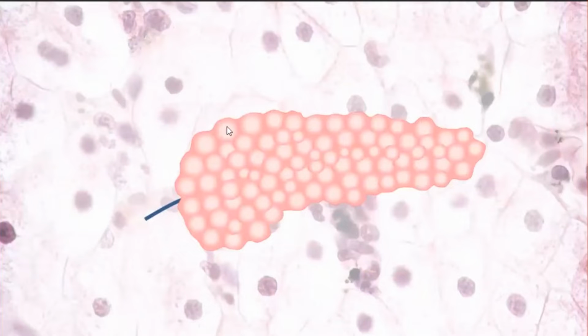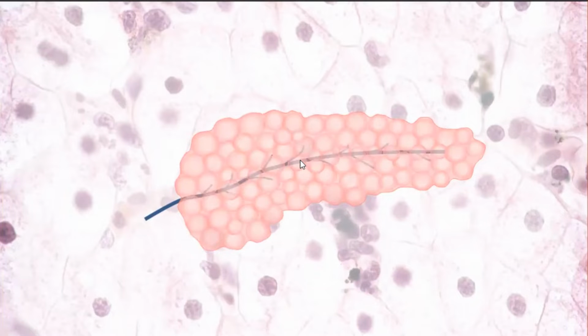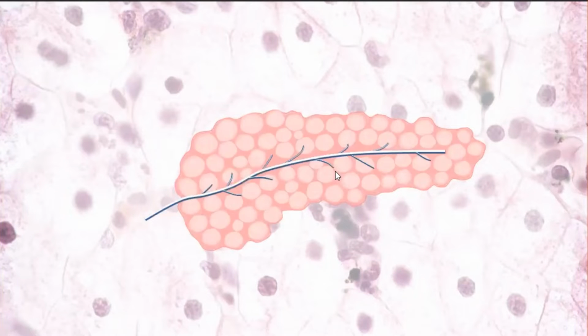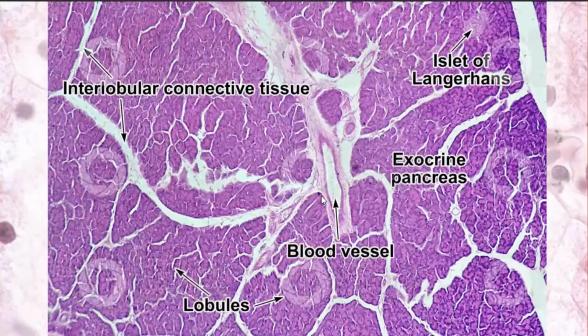And here we can see the appearance of pancreas. It's composed of lobules, and they are separated by septa. And inside the pancreas, we have the common pancreatic duct and its branches which enter all the lobules. Here we can see the appearance of pancreas, and there are lobules and septa between them.